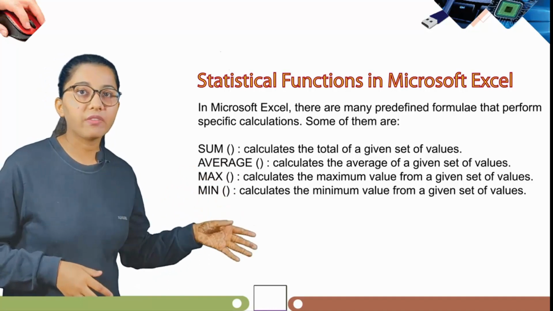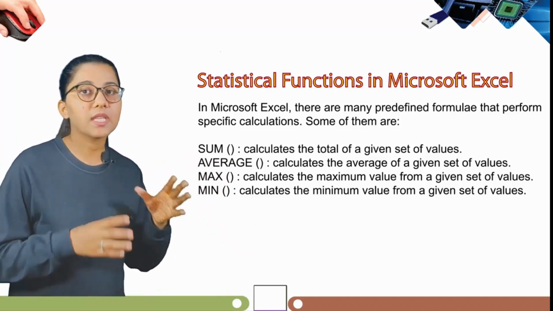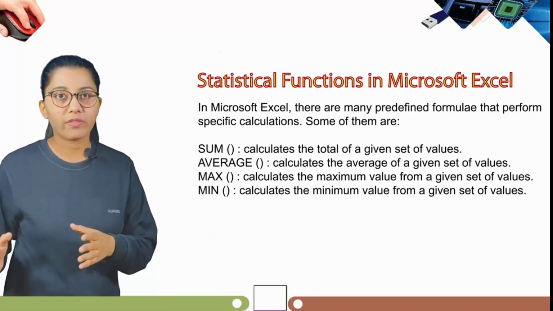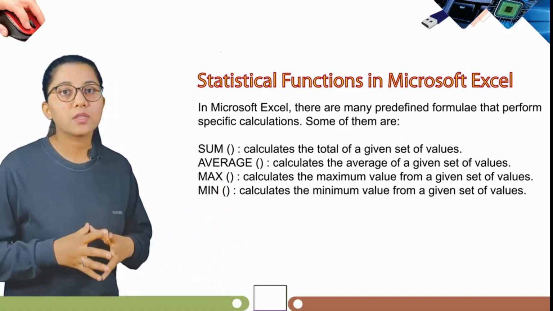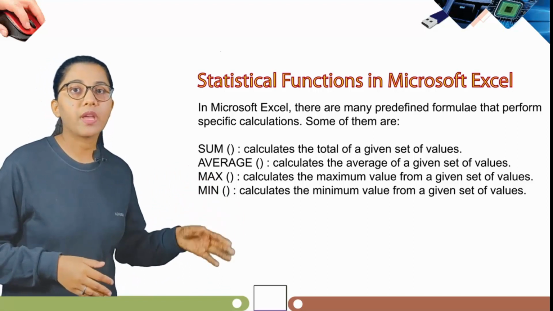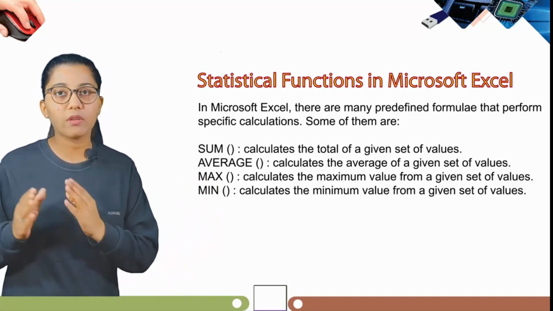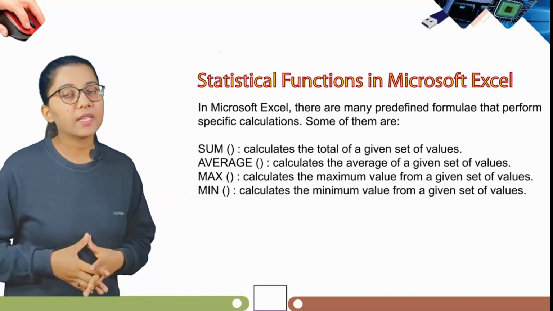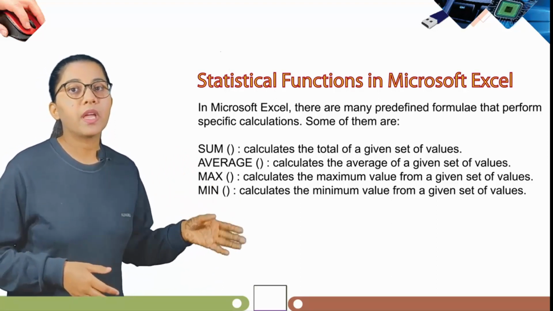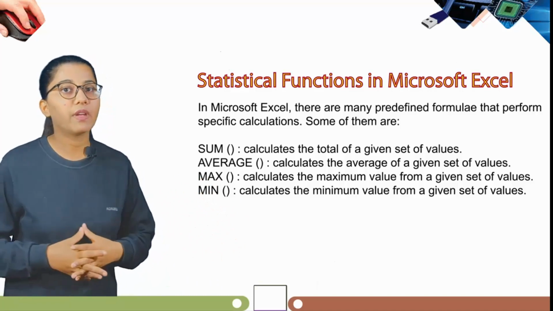Then we have average, that calculates the average of a given set of values. Then we have maximum, that is max, used to calculate the maximum value from a given set of values. Then we have minimum, that is min, calculates the minimum value from a given set of values.